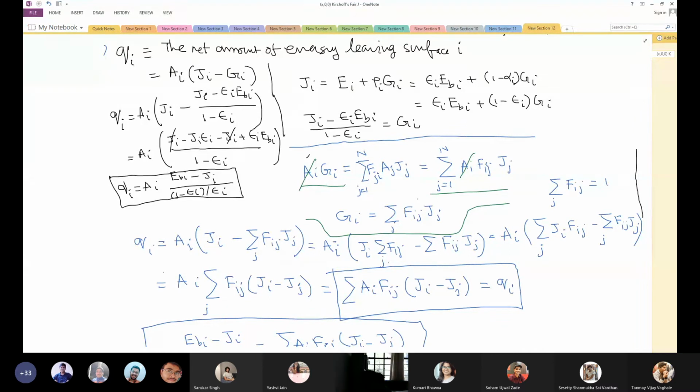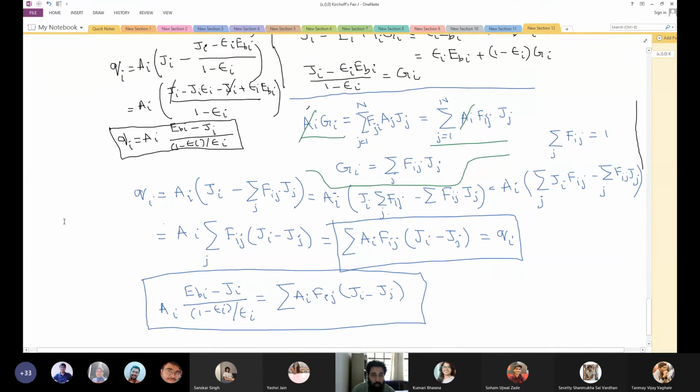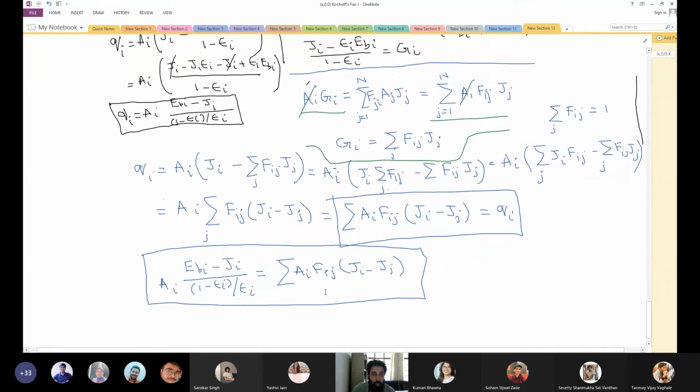Okay, so if you are ready, then we start solving the last problem of the tutorial. Just keep these two equations in front of you. Nothing else will be needed.